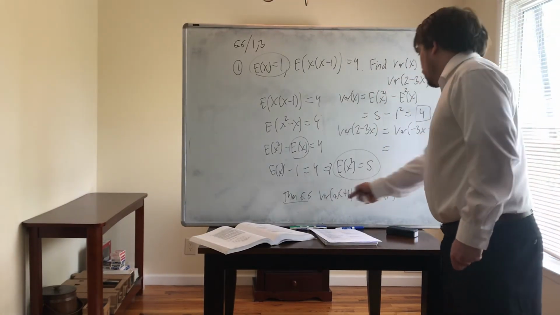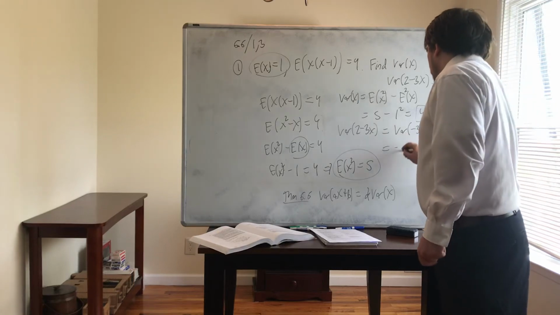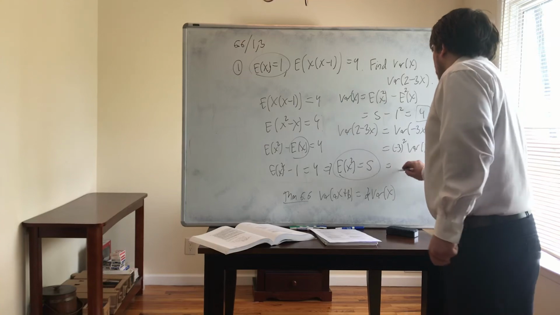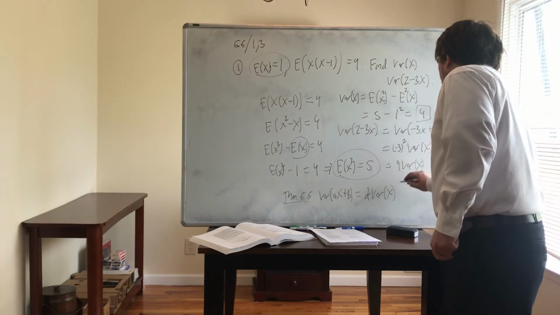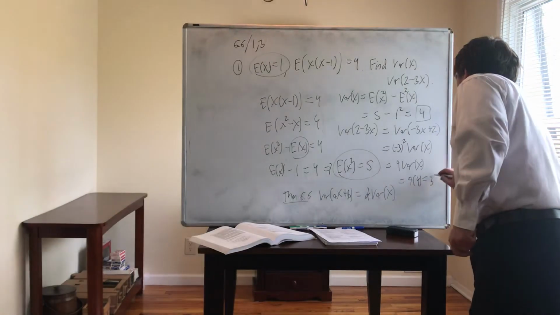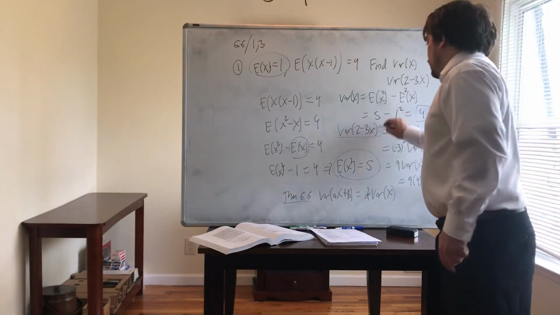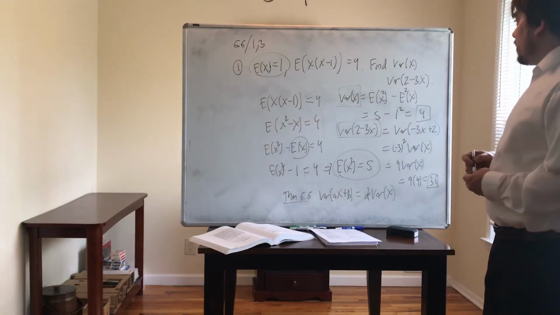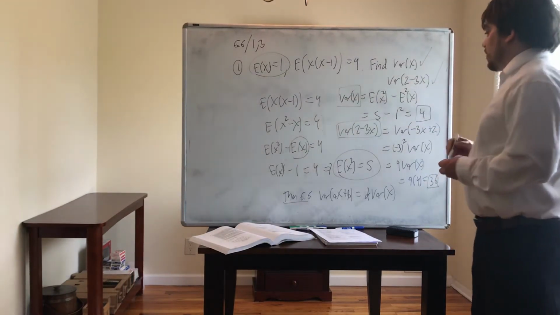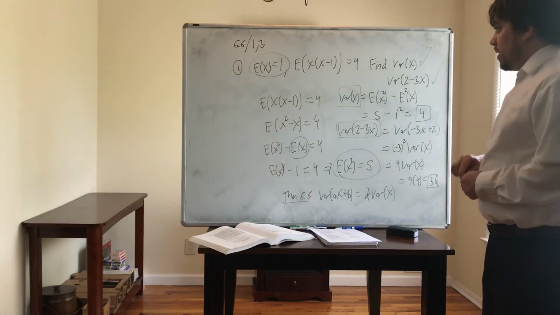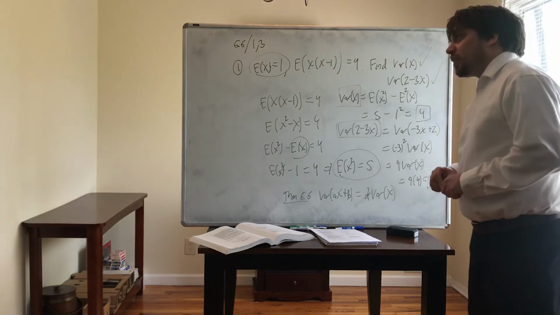So the number you multiply x by, negative 3, squared is 9, times the variance of x. The variance of x is 4, so that's 9 times 4, which is 36. The variance of 2 minus 3x is 36. So we found the variance of x and the variance of 2 minus 3x using theorem 6.6 at the end. And so that's number 1 in 6.6.